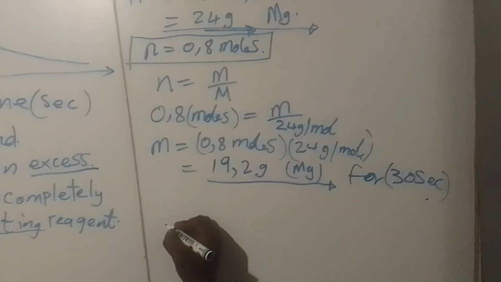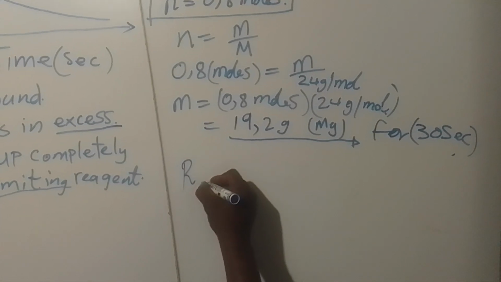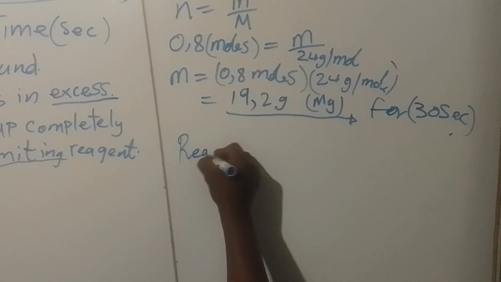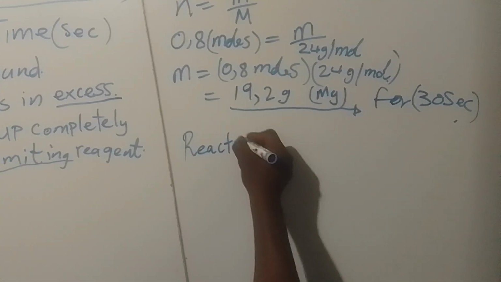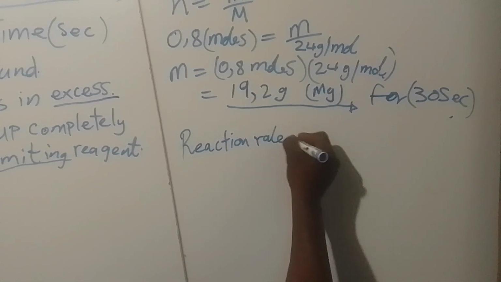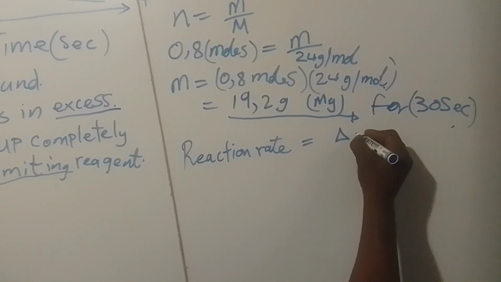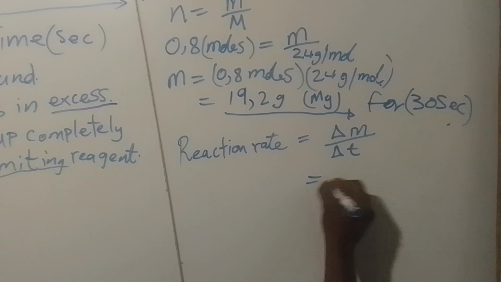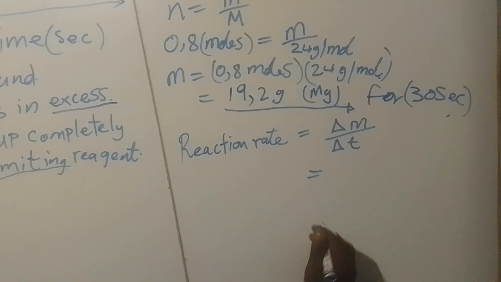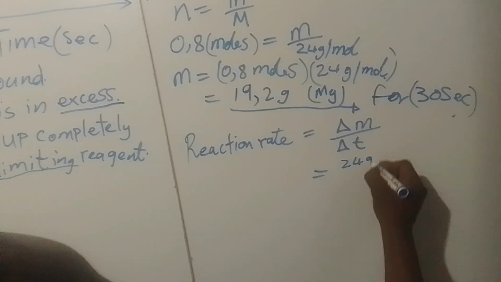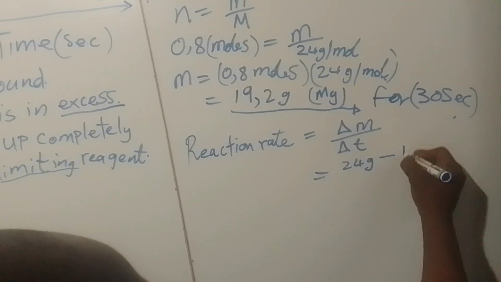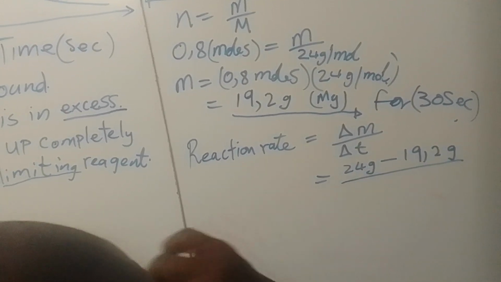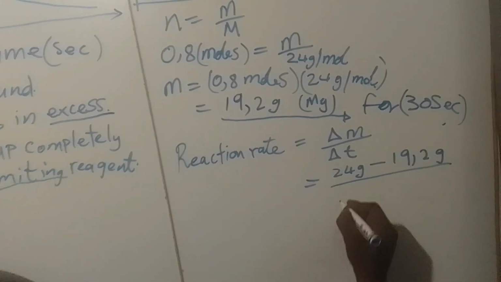So to answer their question, they say the reaction rate. The reaction rate is equal to the change of mass divided by the change of time. The change of mass, we know that we started at 24 grams, we ended up at 19.2 grams, over a period of time.